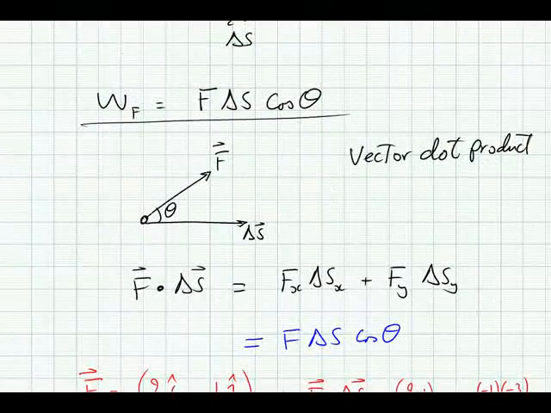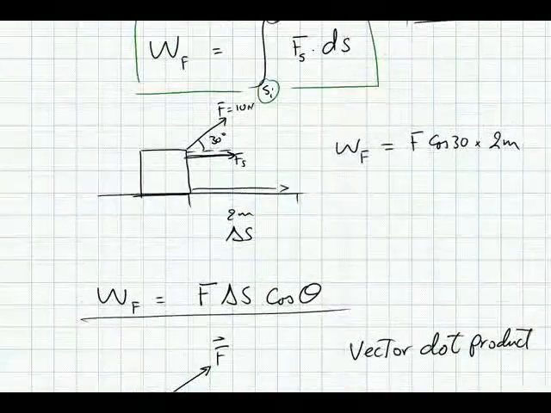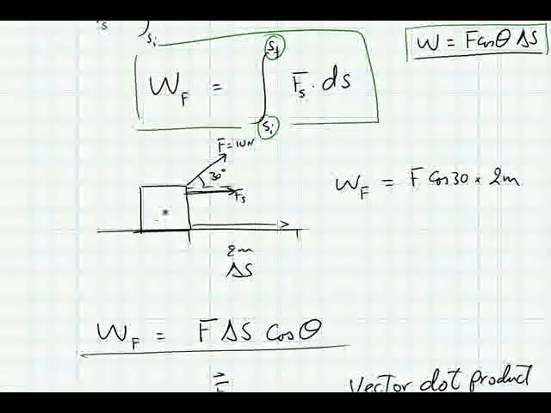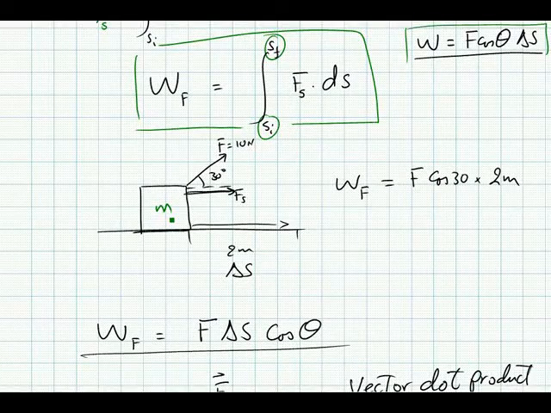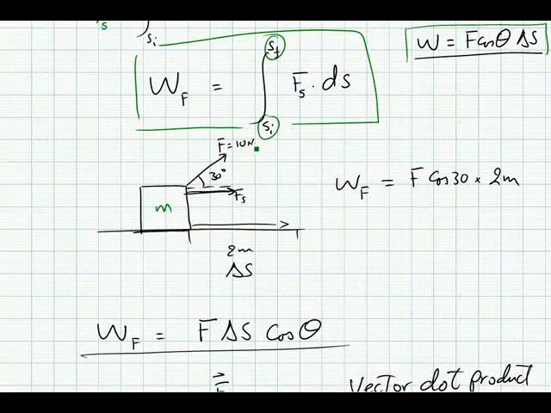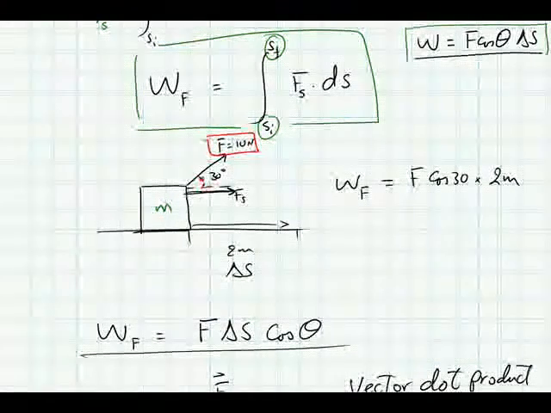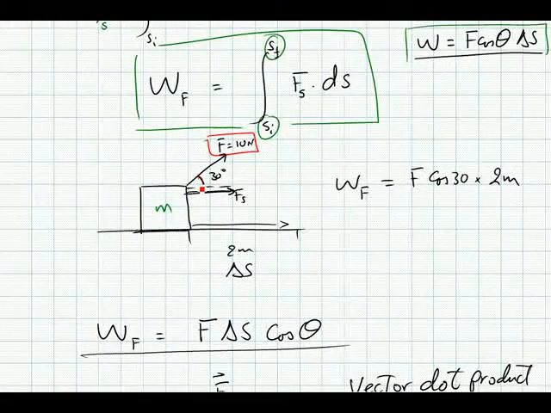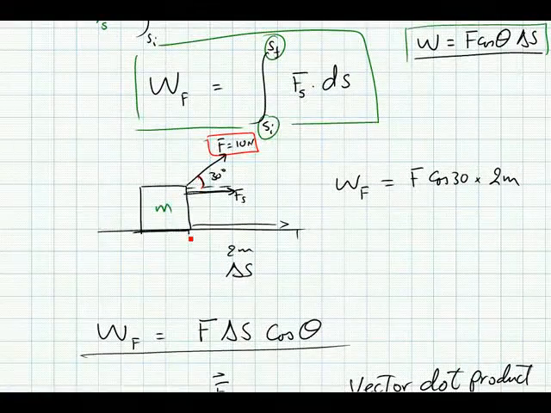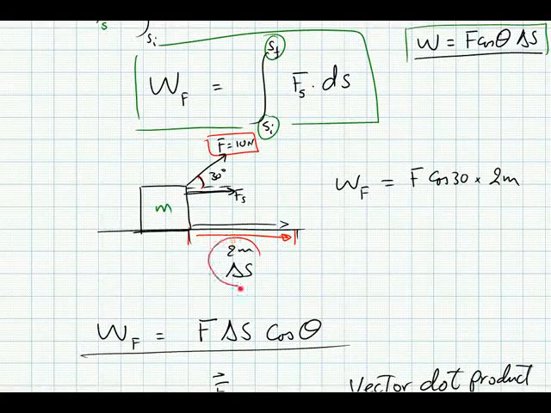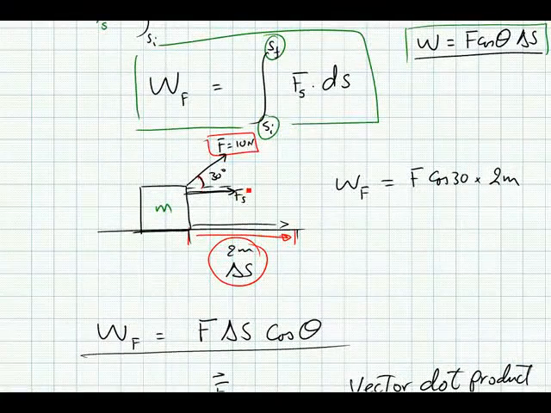So, for example, if you have a mass M, which as a result of a 10 Newton force, which is applied at 30 degrees to the horizontal, moves through a 2 meter displacement along the horizontal, so that our delta s is this 2 meters.